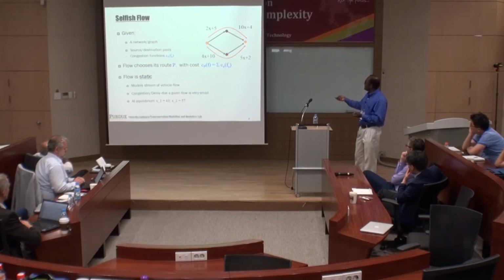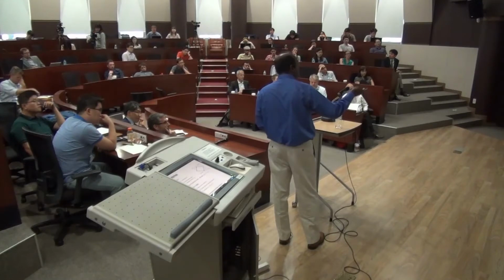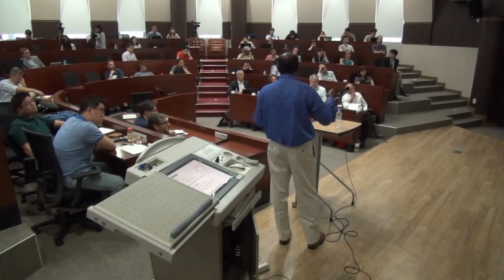So there's an incentive for these agents to move to the other path and so on, right? So what is the best strategy these agents can follow at equilibrium, where there shouldn't be any incentive for agents to deviate? That would happen when the cost of this path is equal to the cost of this path, right?